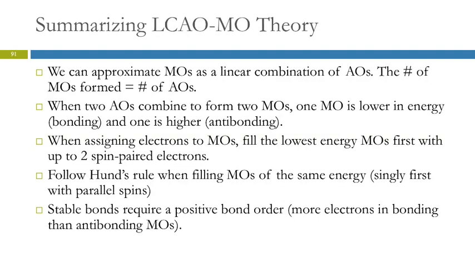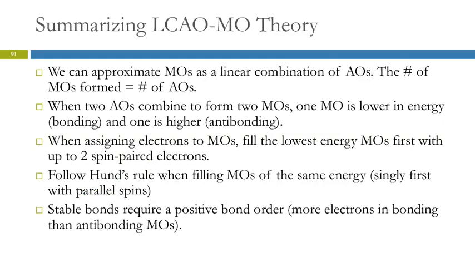When we put the electrons in the molecular orbitals, we're going to do the same thing we did with the atomic orbitals. You put the electrons in the lowest energy molecular orbitals first, with up to 2 spin-paired electrons. We're going to follow Hund's rule.